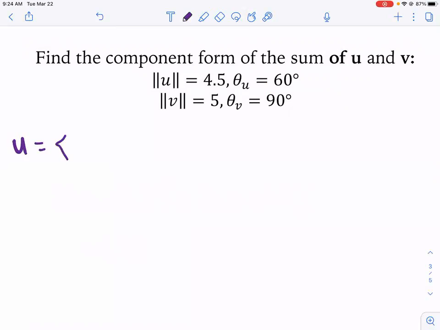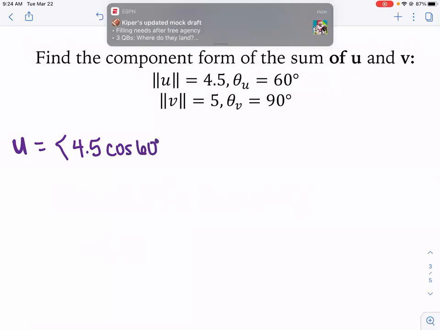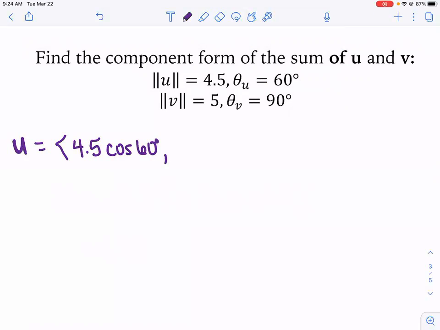Vector u has a magnitude of 4.5 and an angle of 60 degrees. So we're going to take magnitude times the cosine of our angle for our horizontal component and magnitude times the sine of our angle.